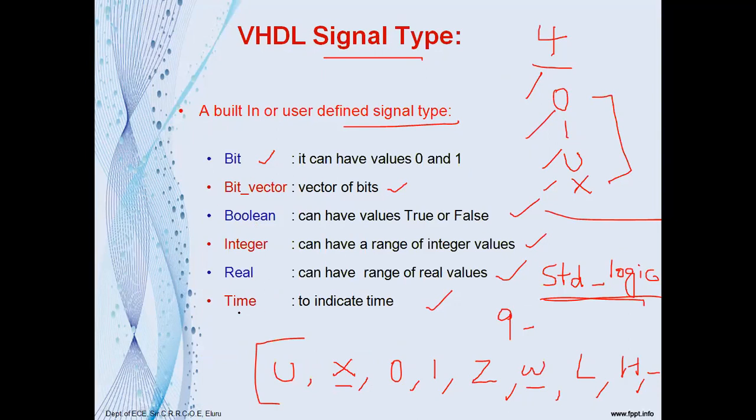These are the signal types, and you can define the 9 values to any of the signals. So the signal may be standard logic of the unknown value, or you can use X. You can define with 0, 1, Z, W, weak 0, weak 1 and the don't care value. These are the VHDL signal types.